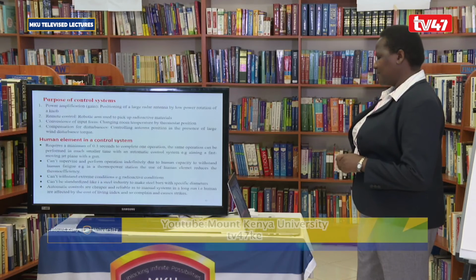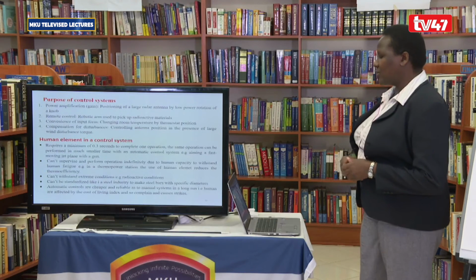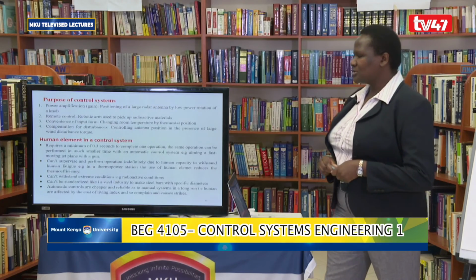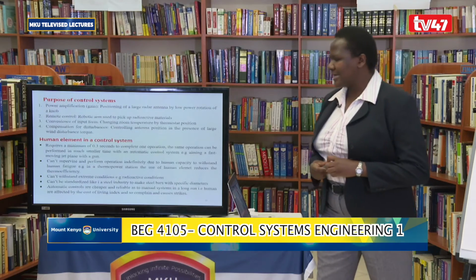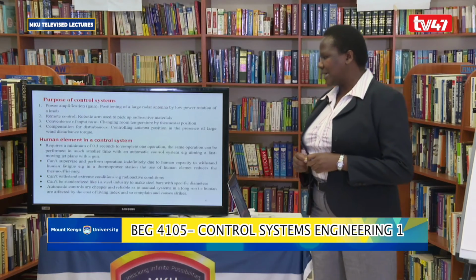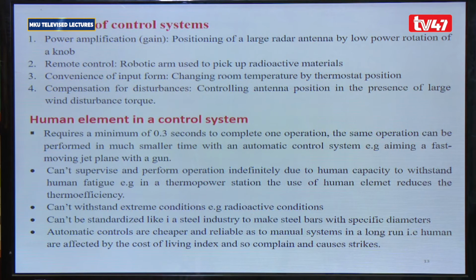They are cheaper in that humans are affected by the cost of living. So when the cost of living goes up, you'll find your employees starting to make some noise that they want to go on strike, they want their pay to be increased and all that.